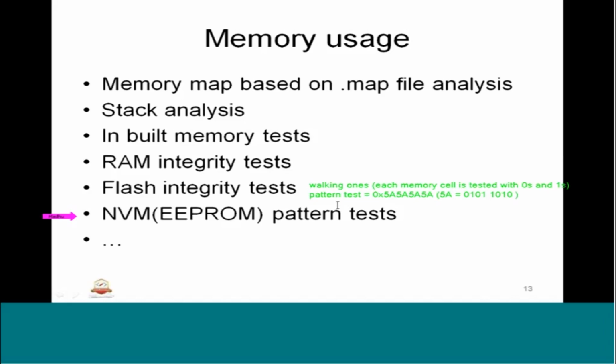So we know that the first cell is addressed with 0, and the next cell is addressed with 1. Similarly, the next cell is addressed with 0, and then the next with 1. So likewise, we are going to have a pattern test or walking ones test where each cell in the memory will be tested. On the memory, like flash or RAM, the same testing is done.